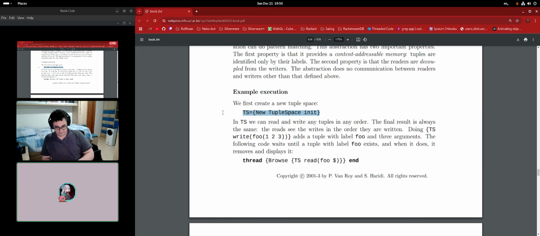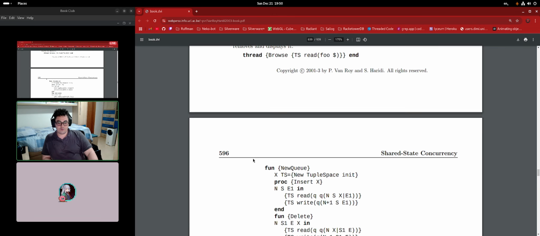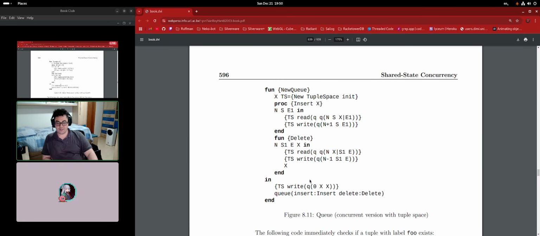If you think about it, in this simplification where you can't do pattern matching, the labels of the tuples are like the topic names in Kafka, right? Yeah, okay, this is a dictionary. That also works, but it's mutable, so that's why I wanted to mention the arena. Anyway, it doesn't matter. It's just a place where you put stuff, you retrieve stuff, you write stuff, and you look up things. So that's how that works. So you have our queue using that.